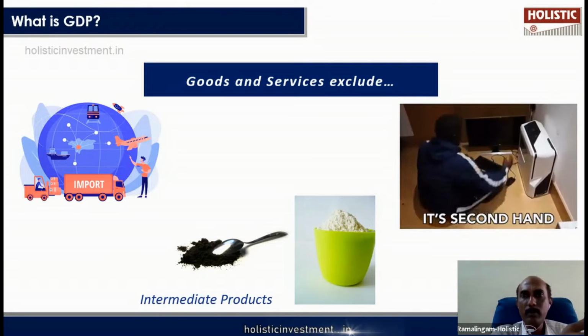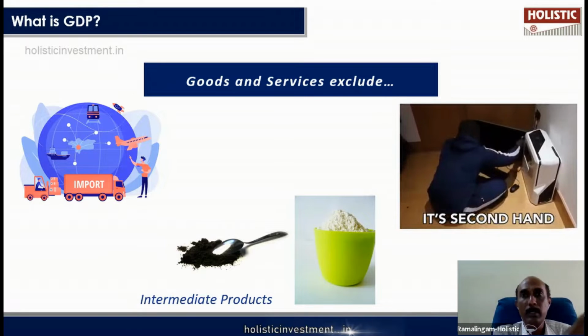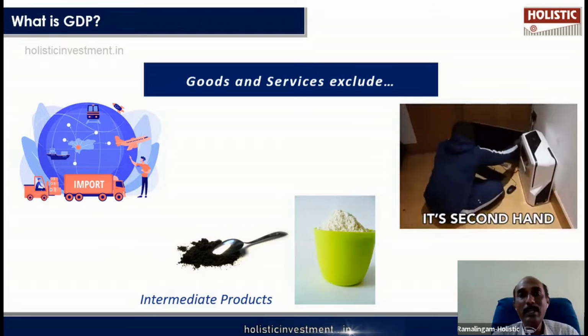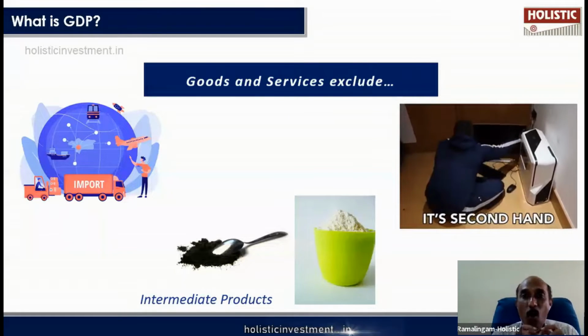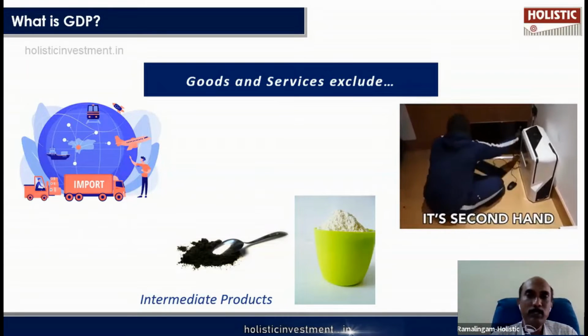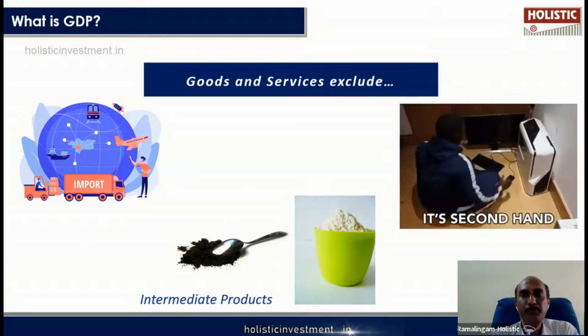The chocolate produced by the company is the end product, and it includes the wrapper production cost also. So it is not necessary to account for both. We can avoid intermediate products and take only the finished products. Also, second-hand products can be avoided.